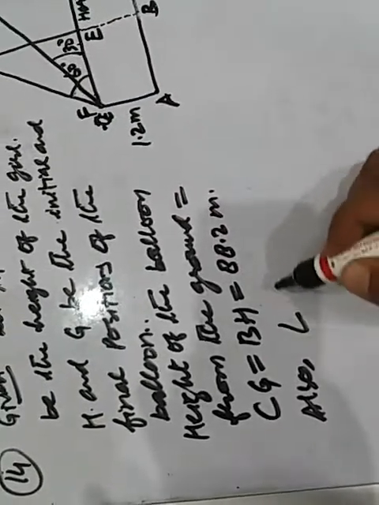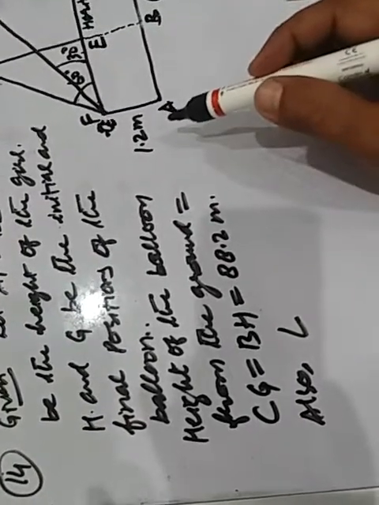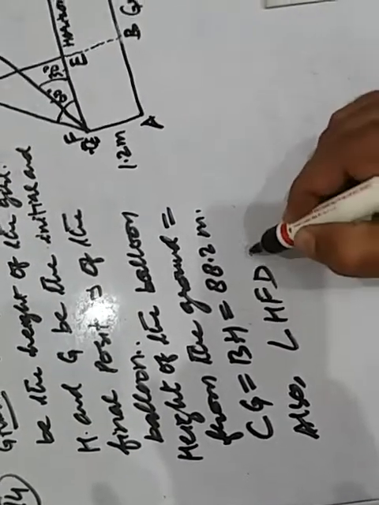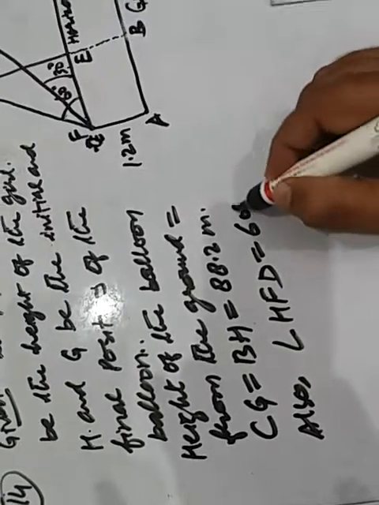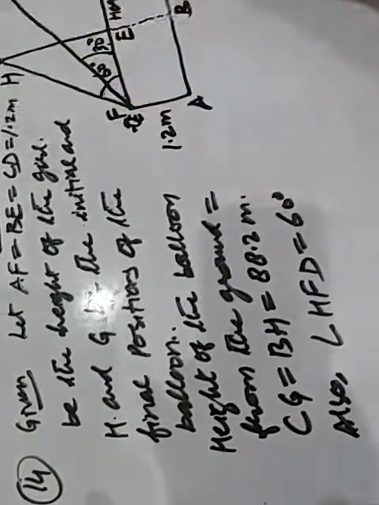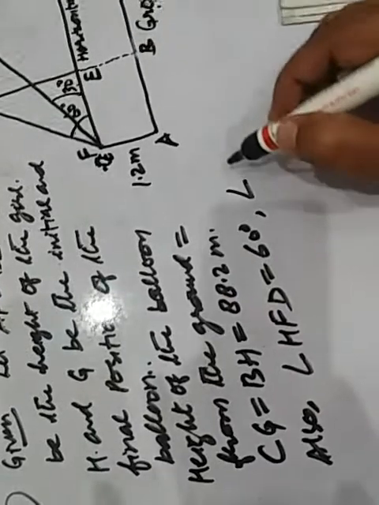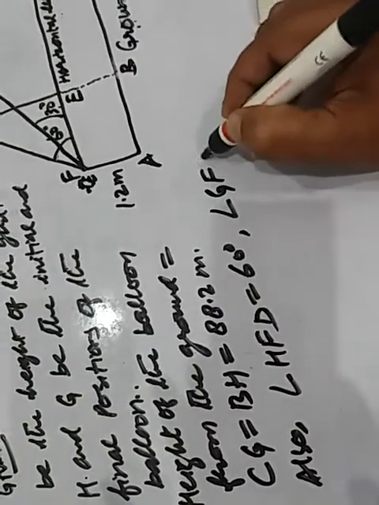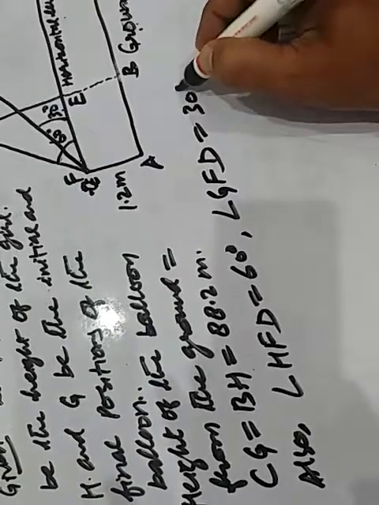Also, angle HFD equal to 60 degree. What is angle GFD? Angle GFD equal to 30 degree.